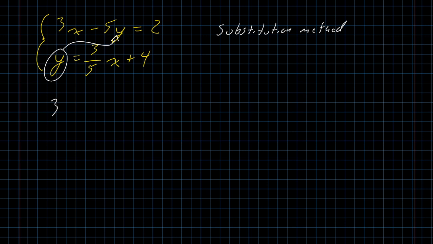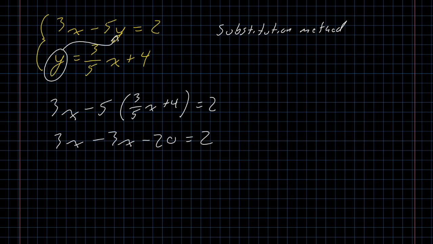So I have 3x minus 5, and instead of y, I'll write down the value of y, 3/5 x plus 4. Distribute, simplify, and in this case we get a very strange result.